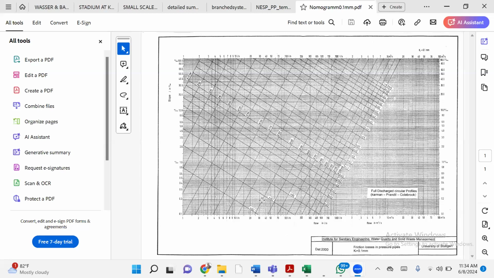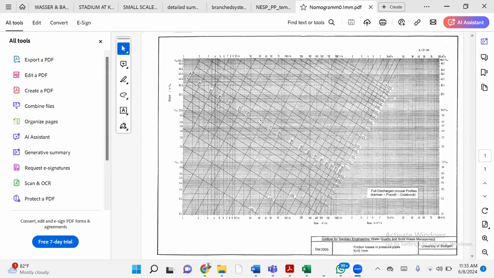That means in our chart, 0.5 means 5. Understood? Because we are doing 50,000. So I'll now come to 37, or for the purpose of this training, let me assume it's 40. I'll come here and read it, and look for where it hits 5. And the value is 200.